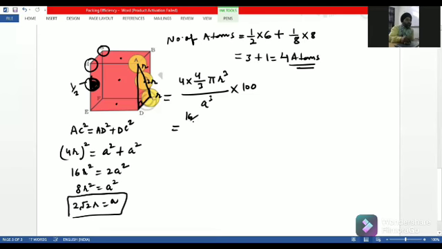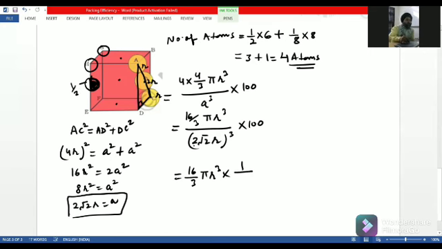So here we can write it as 16 upon 3 pi R cube, and A equals 2√2 R, so 2√2 R whole cube multiplied by 100. Now we can write it as 16 upon 3 pi R cube multiplied by 1 upon the cube of 2√2.